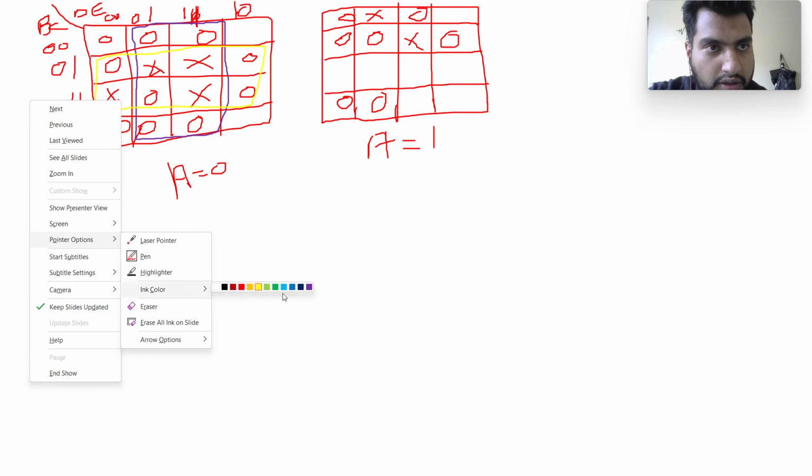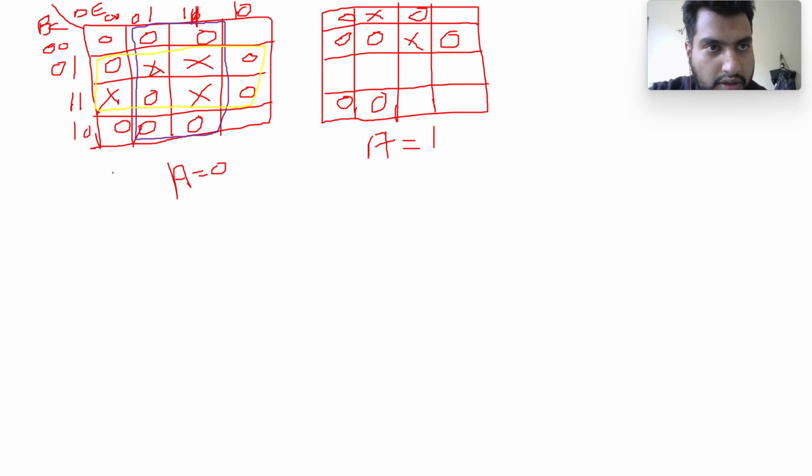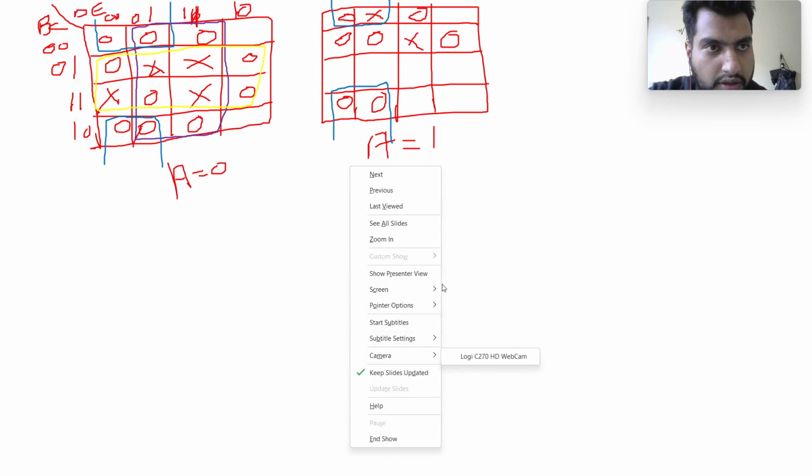So let me just use a different color. Let me use blue. So we have this, and when you fold them, this thing will also be there with this. And finally we have this one. Let me just use a different ink.